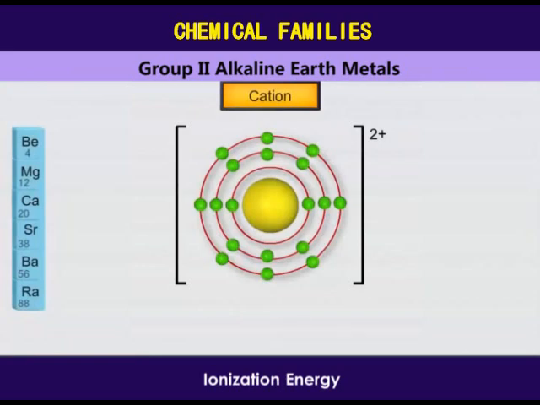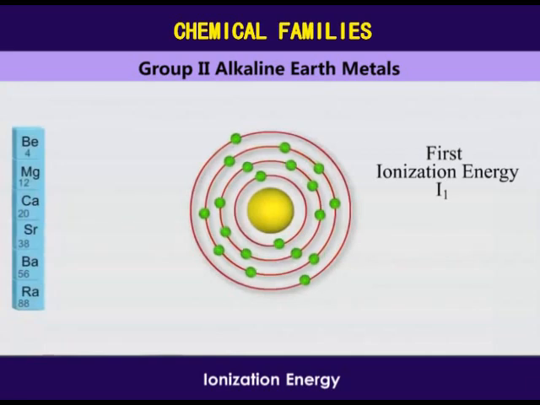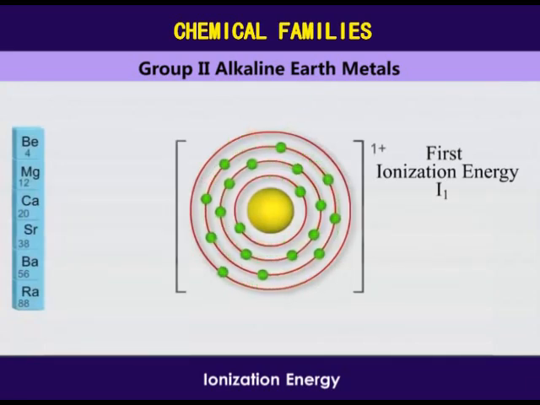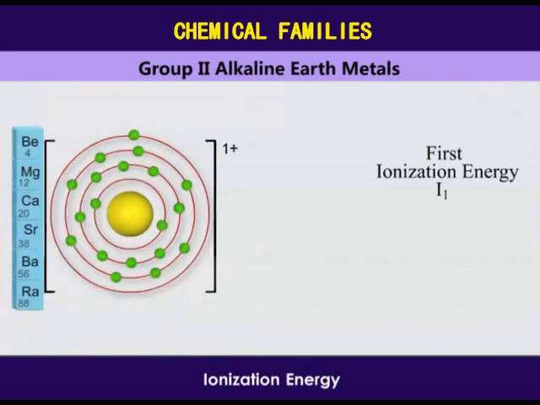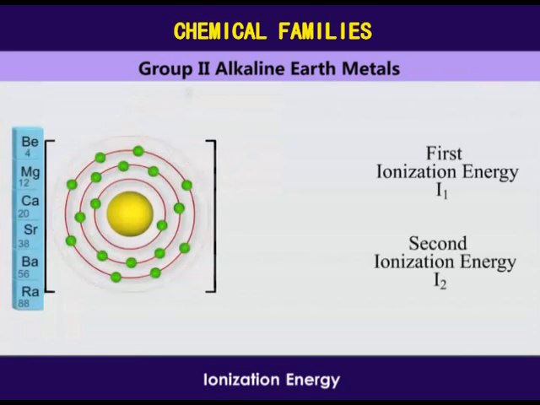That means we have 2 ionization energies. The first ionization energy, I1, is the energy required to remove an electron from a neutral atom. Considerably more energy is required to remove the second electron from the positive ion. This is called the second ionization energy, I2.